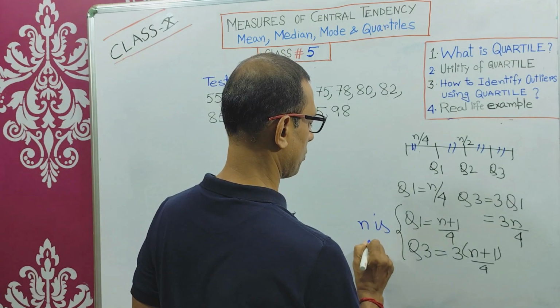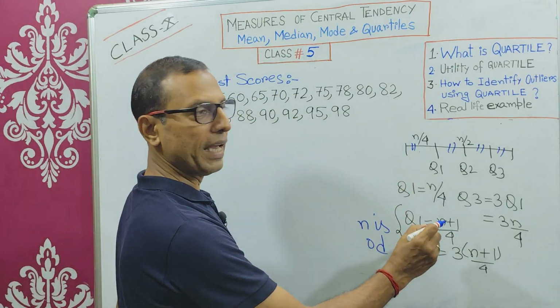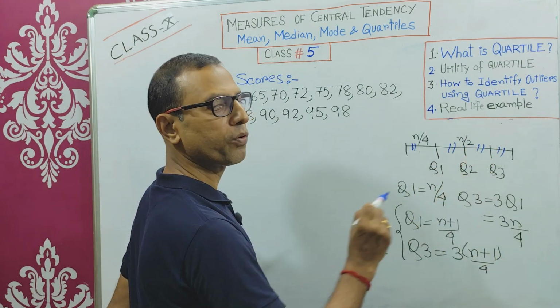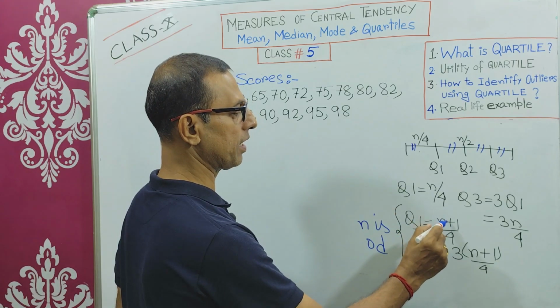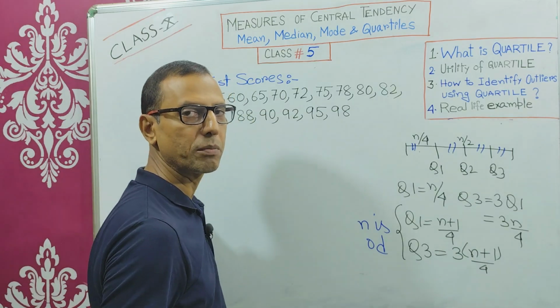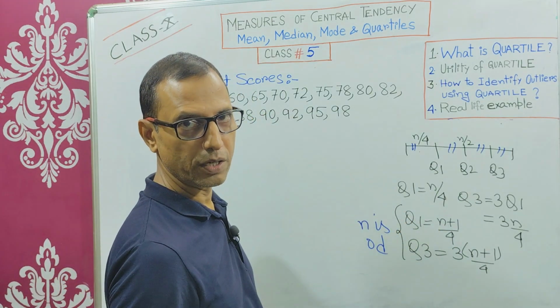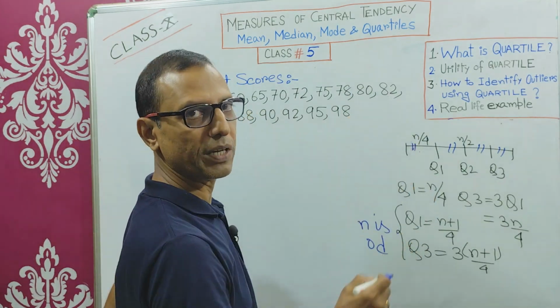So n by 4, n by 2, 3n by 4 are for an even number of terms, but for an odd number of terms it is n plus 1 by 4 for Q1 and 3 times n plus 1 by 4 for Q3. It is the position of the quartile. Then you will find the value at that position from the given observation values.